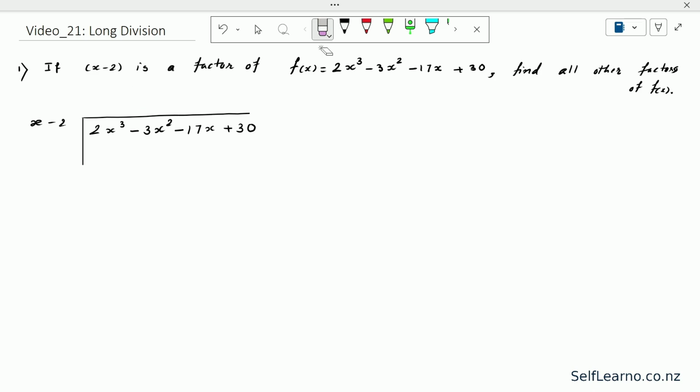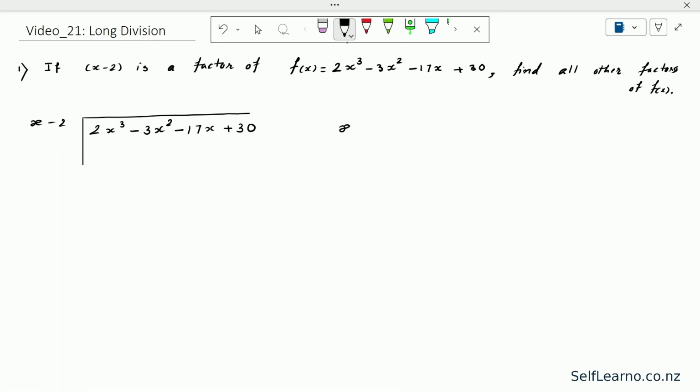So I'm dividing this by x minus 2. Okay. We will invest time in this. If you have never learned this method, it will need some time. You need to look into 2-3 examples. I have x over here and I want to obtain 2x cube.